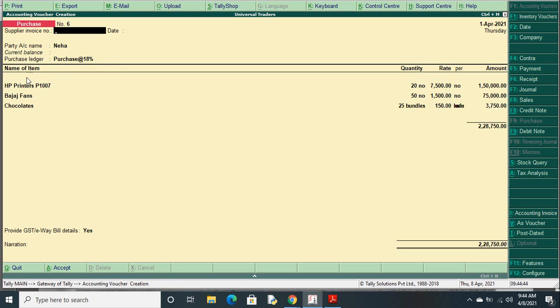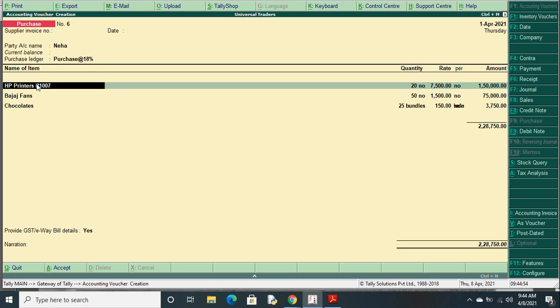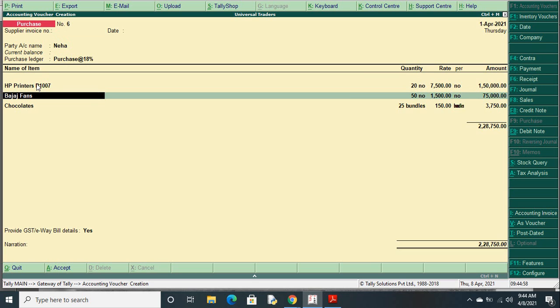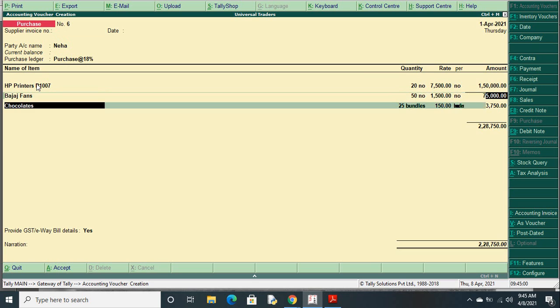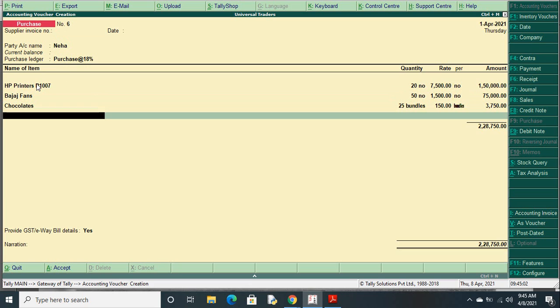This 18% is common for all the items. Okay. Now if I write this, every time you enter, after this it won't ask you the purchase ledger again and again. Have you understood the difference?